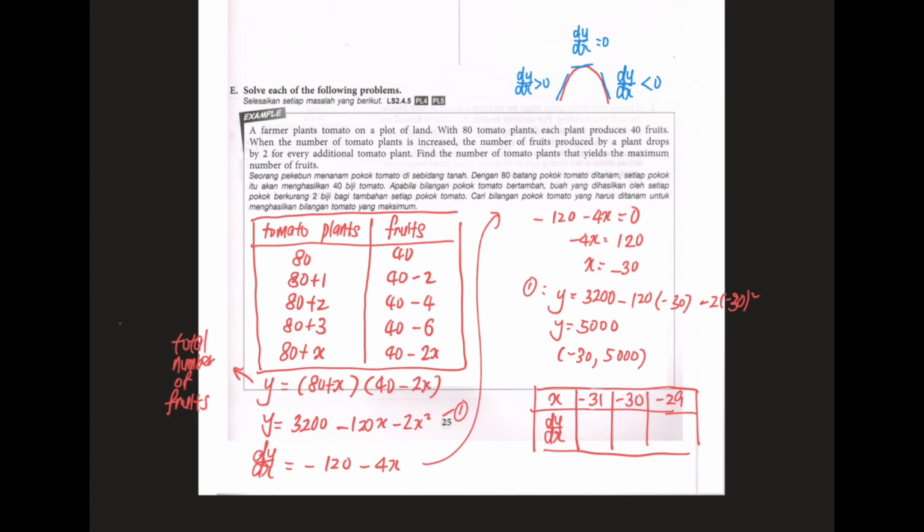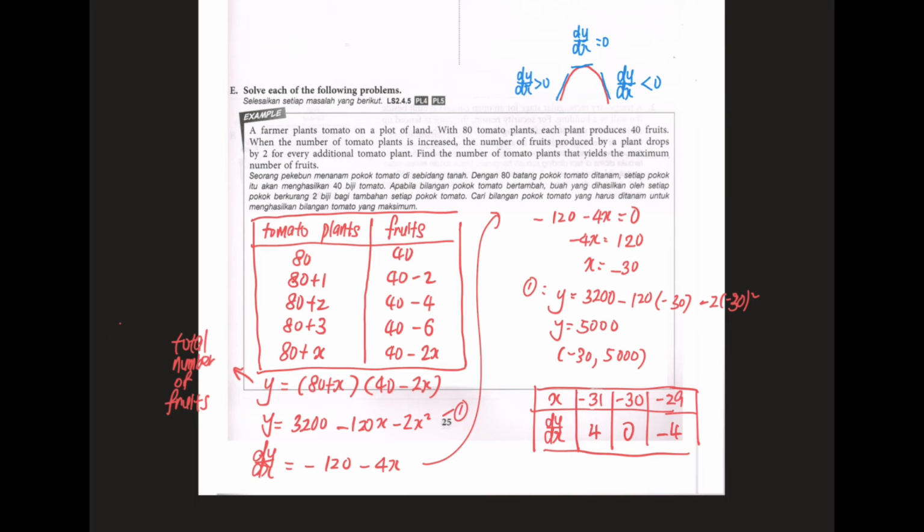We put into our dy/dx, which is minus 120 minus 4x. Then we try minus 31. So I get 4. Then I substitute minus 30, I get 0. I substitute minus 29, I get minus 4.